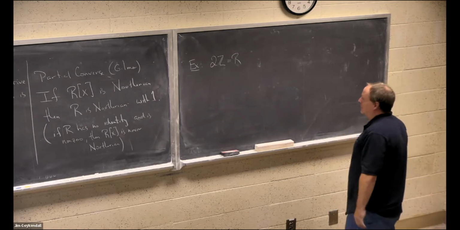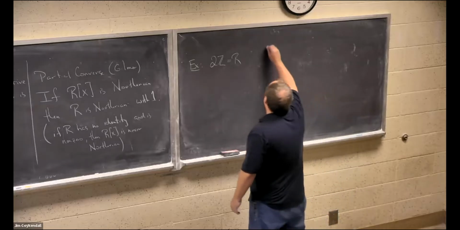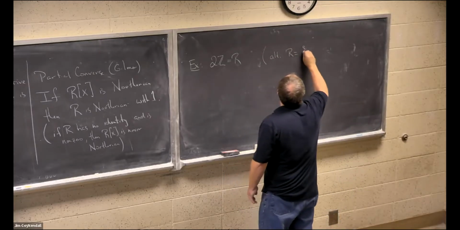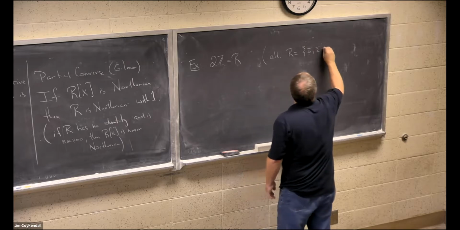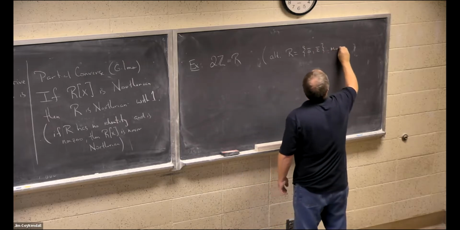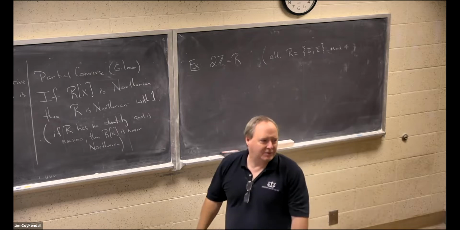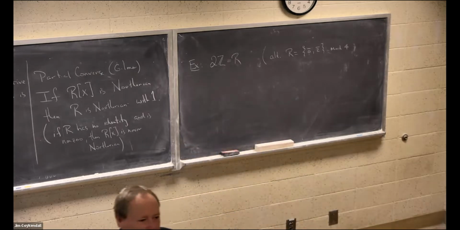I can even make this a finite ring: the set of the two elements 0 and 2, with addition and multiplication mod 4. This has no identity because it's got 0, and then 2 is nilpotent, right?